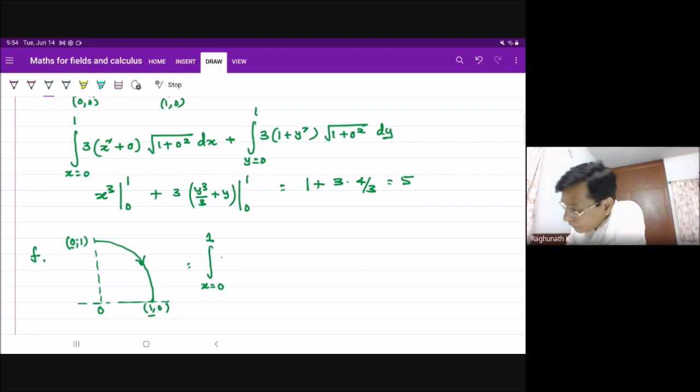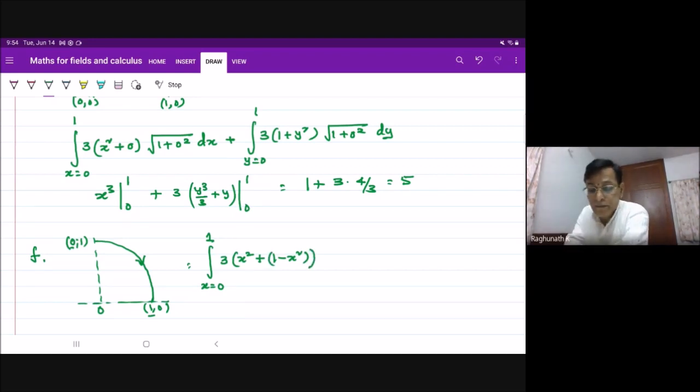3 into x square plus y squared is 1 minus x squared. Function is same. Y squared is 1 minus x squared because x squared plus y squared is equal to 1, into root of 1 plus, for this path we derived.